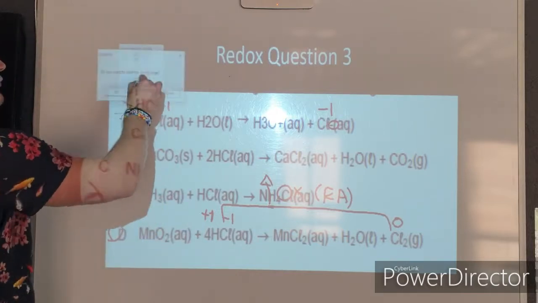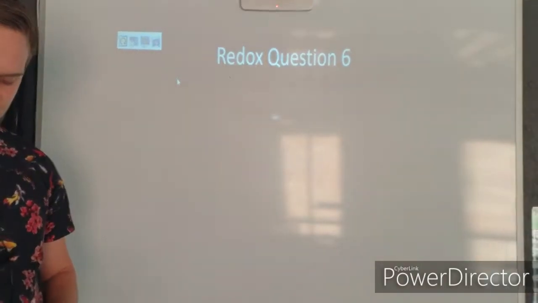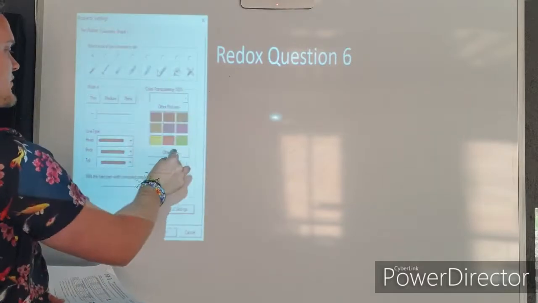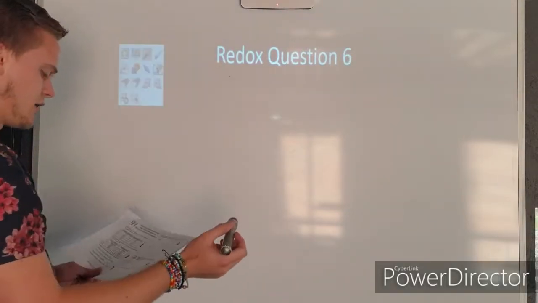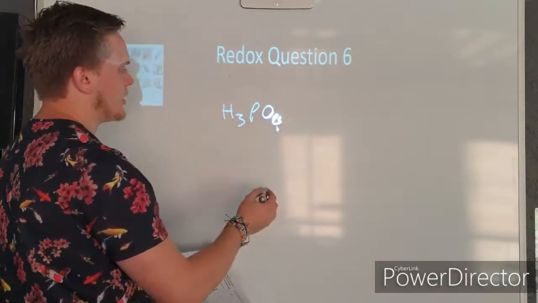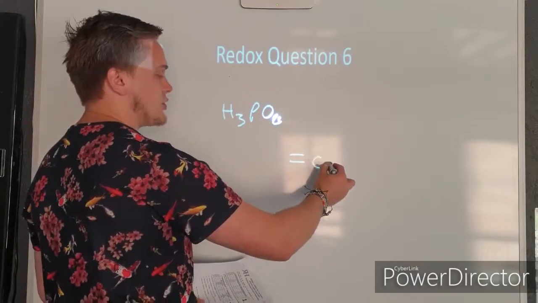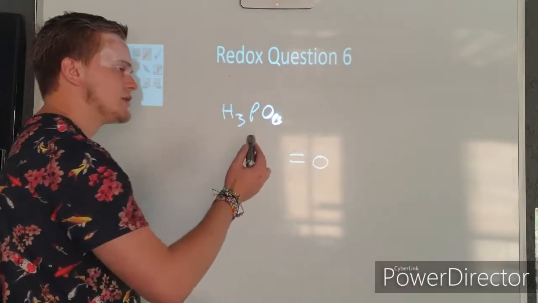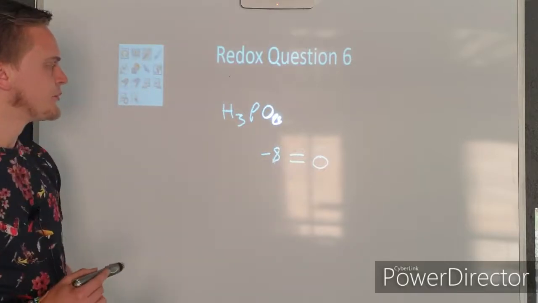All right. Our next question is question 6, where they just want to know what's the oxidation number of phosphorus in phosphoric acid, H3PO4. So this whole molecule has a 0 charge. We know in a compound that oxygen has a -2 oxidation number, but we have 4 of them, so that's -8.